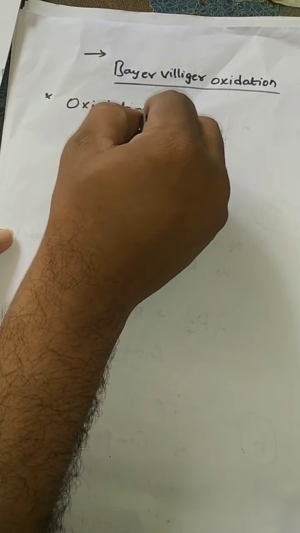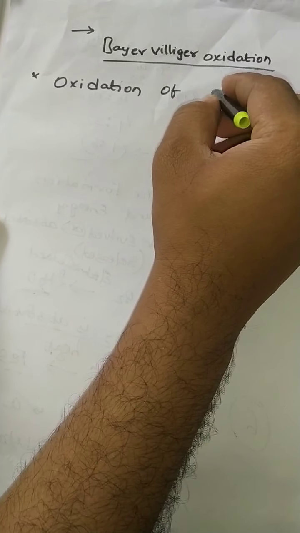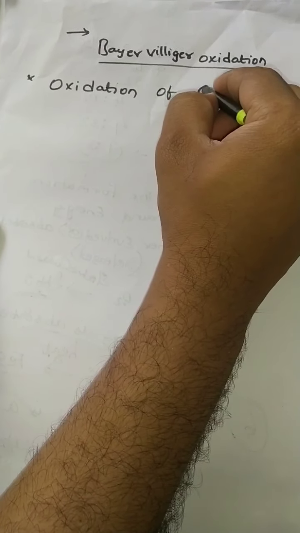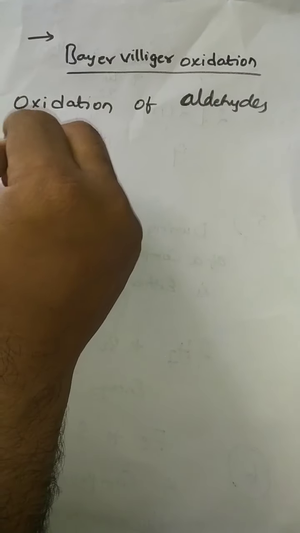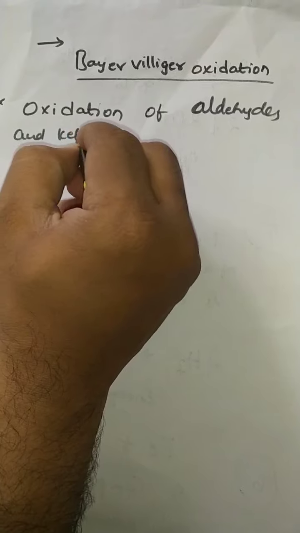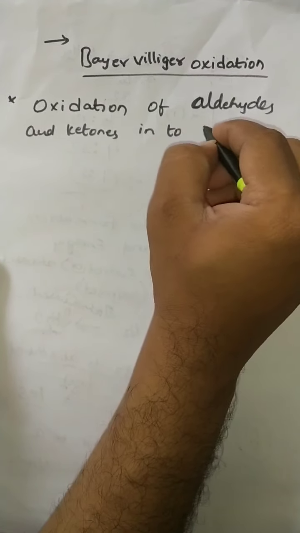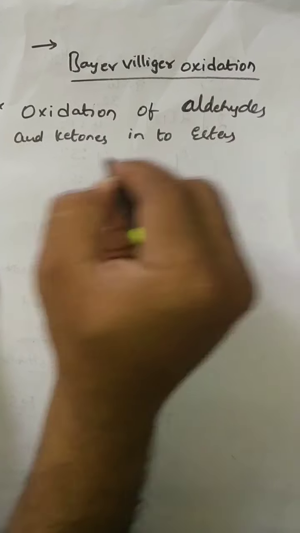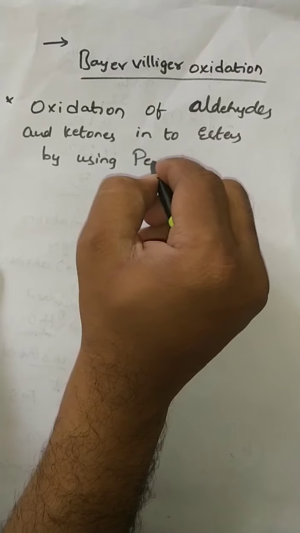Here, this is the oxidation of aldehydes and ketones into esters by using per acids.